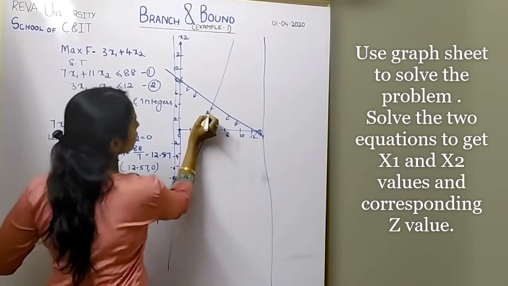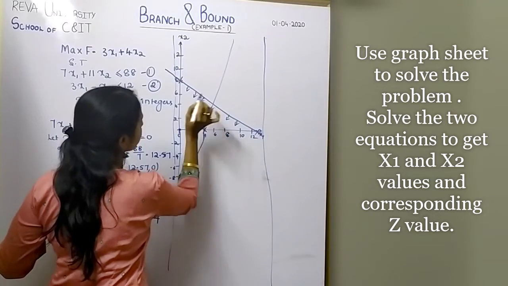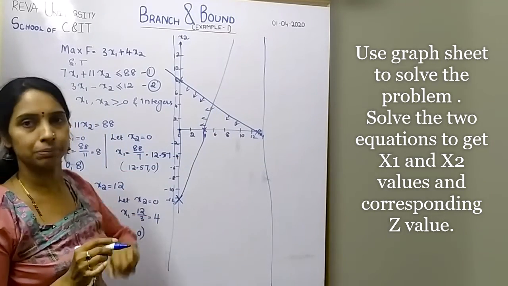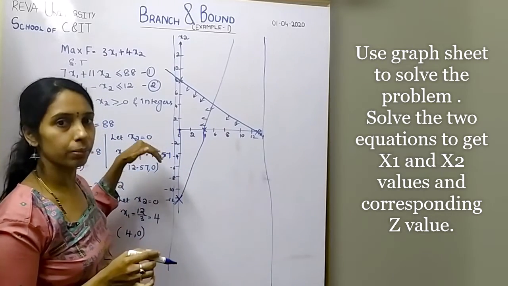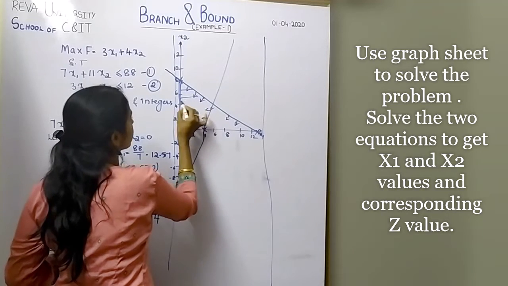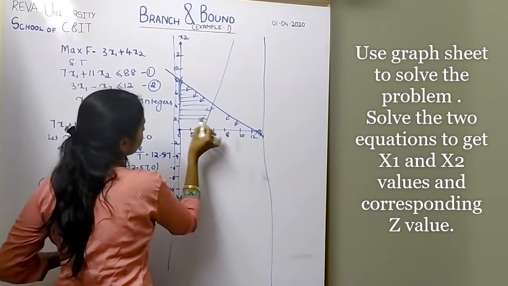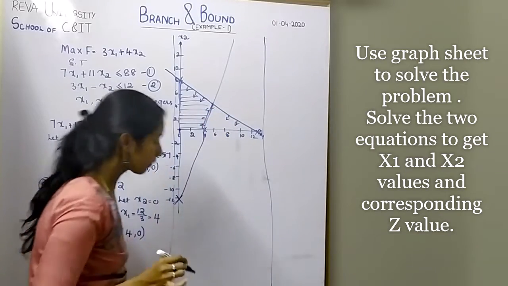Less than, so all the points should be within this. Now what is the feasible region wherein your value may reside? Only this is called the feasible region.